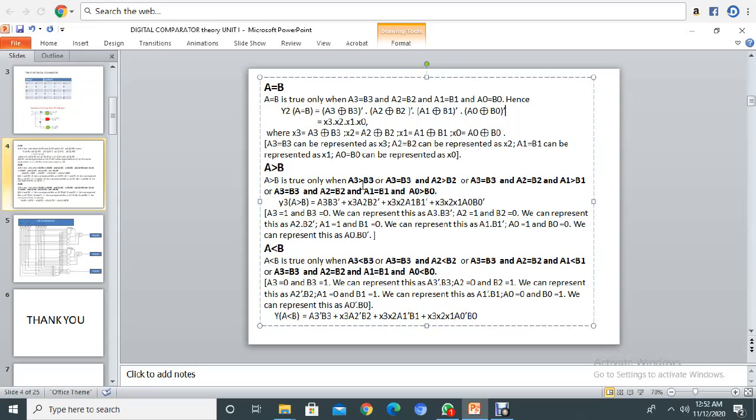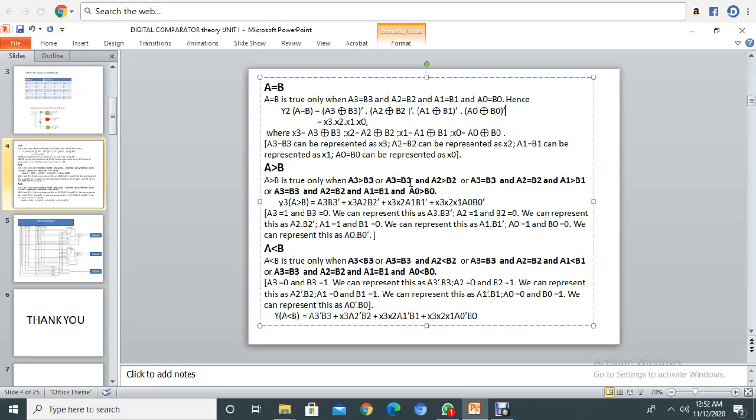If A3 is greater than B3, then you don't need to check the other bits. You can say that A is greater than B. Okay. If A3 is equal to B3, first bit is same, then you have to check the next bit. Whether A2 is greater than B2.